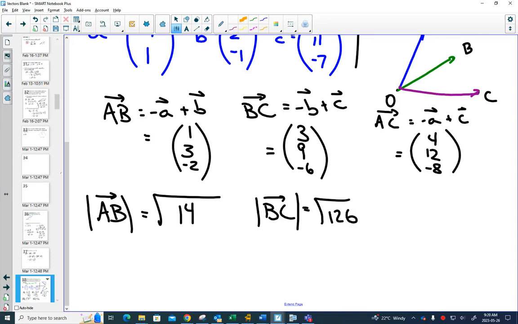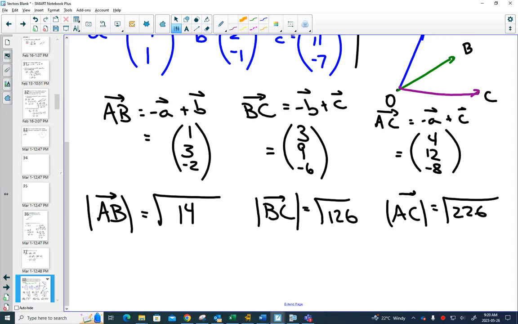Square root of 126. And A to C, stretching my mathematical skills, 16 plus 144 plus 64, that's 160, 226.